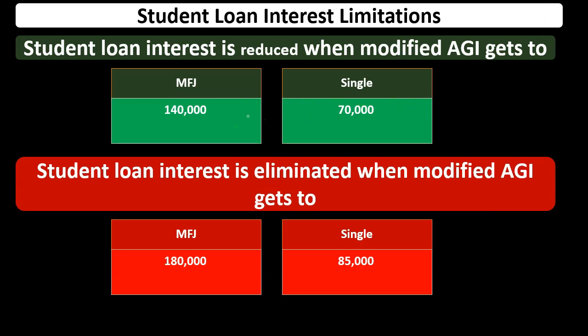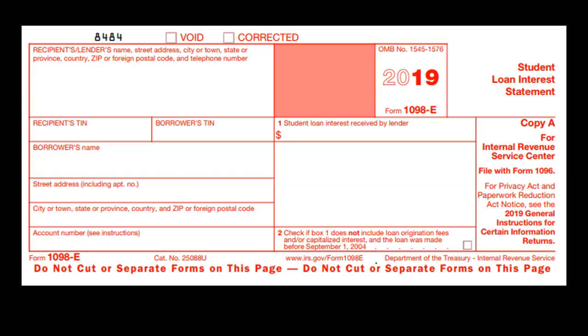Married filing joint, if it's going above the $140,000, it'll start to phase out until it gets to the $180,000, in which case it'll be gone altogether. For single, it's going to start to phase out at the $70,000, and then as you get up to the $85,000, once you get past $85,000, you will no longer get a benefit from the student loan interest.